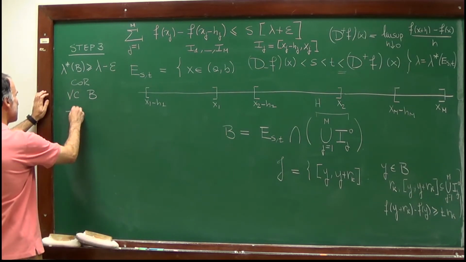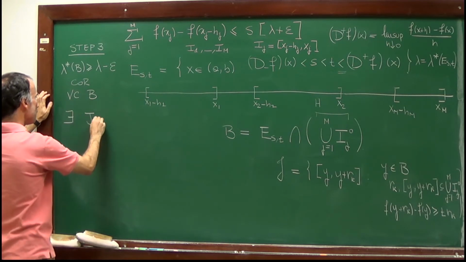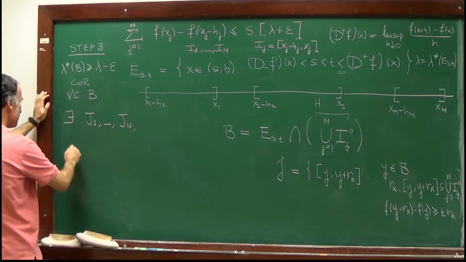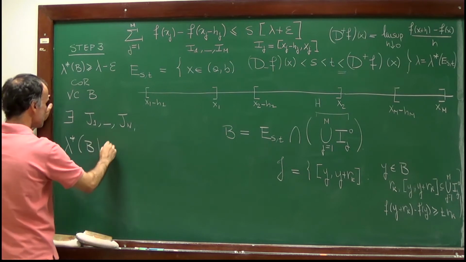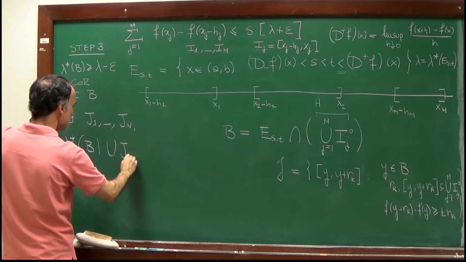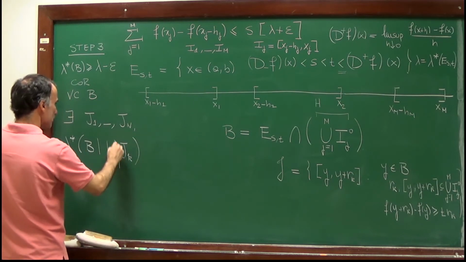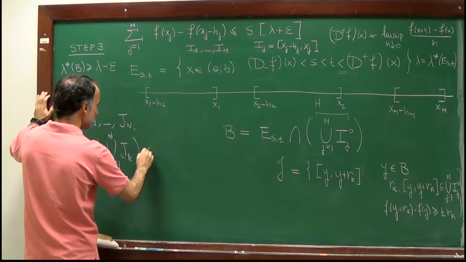So there exists a subfamily, which I will call J_1 up to J_n, such that the outer measure of B minus the union of J_1 up to J_n is smaller than epsilon.